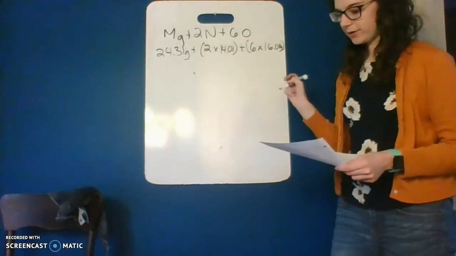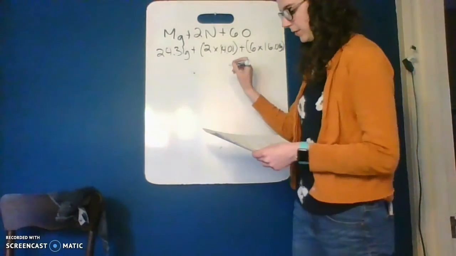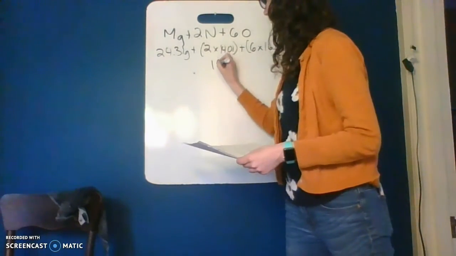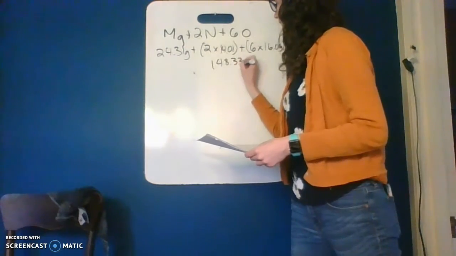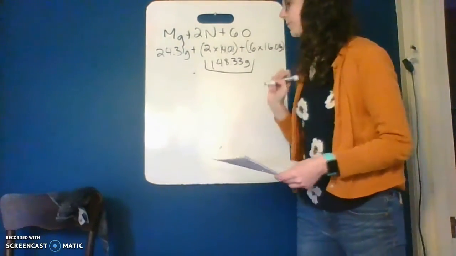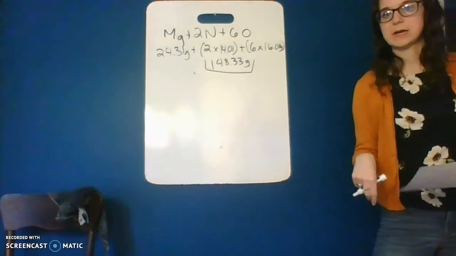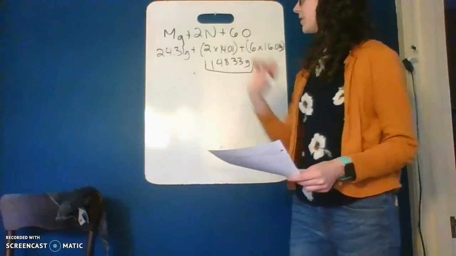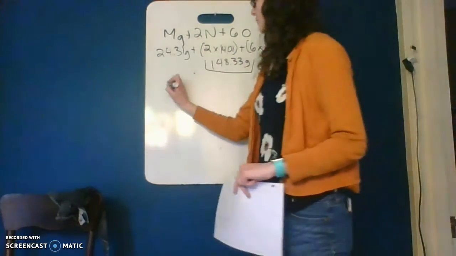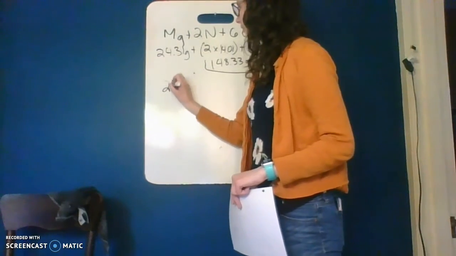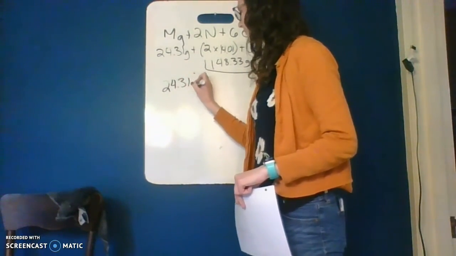Once I add all those together, I get 148.33 grams. That is the total mass of the substance that I will be using to find the percent of each element in this compound. I'm going to start with magnesium, who has a molar mass of 24.31 grams.